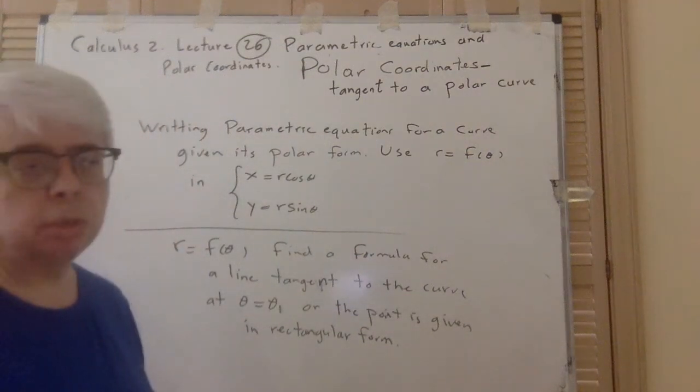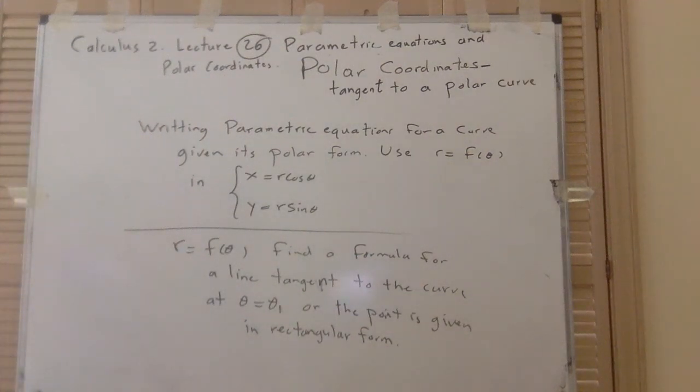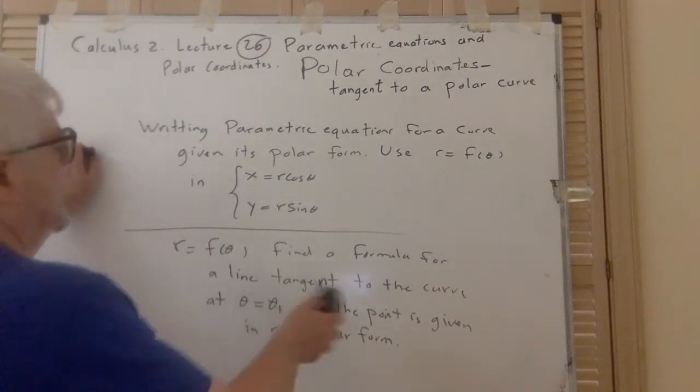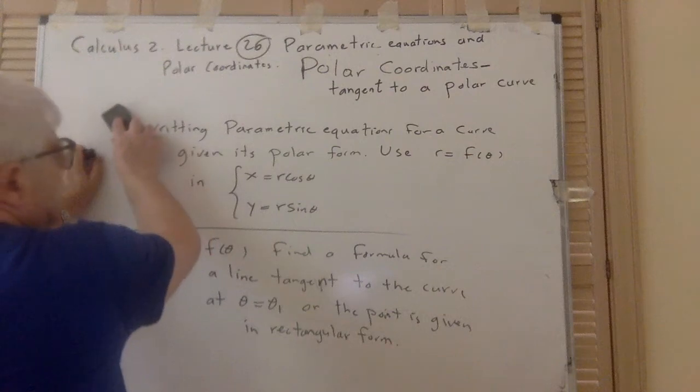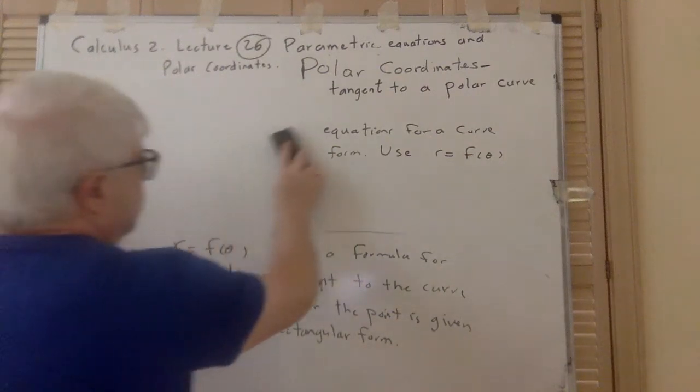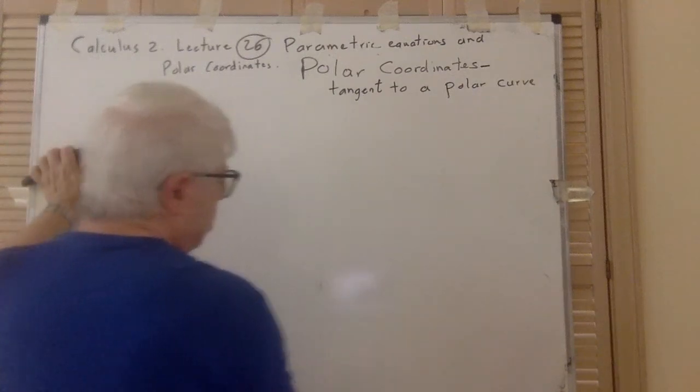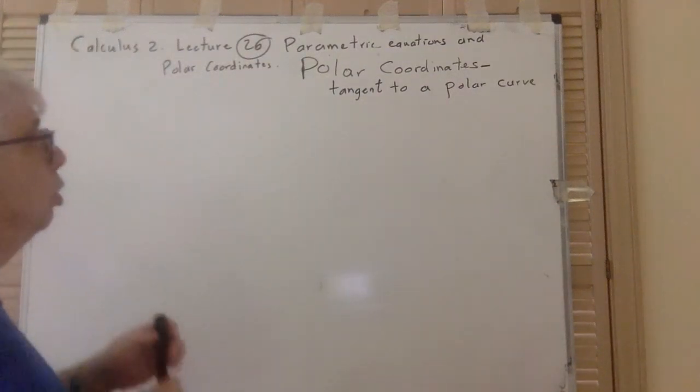If it's given in rectangular form, we should find theta. We need the theta. The first thing we should find is the slope of the tangent line, right? We need the slope of the tangent line.